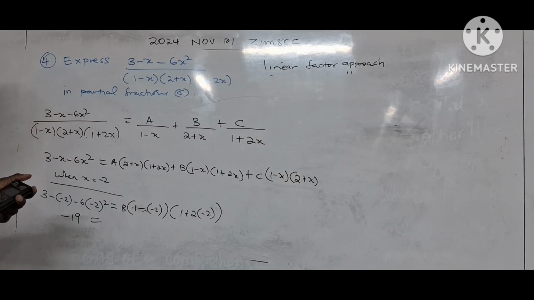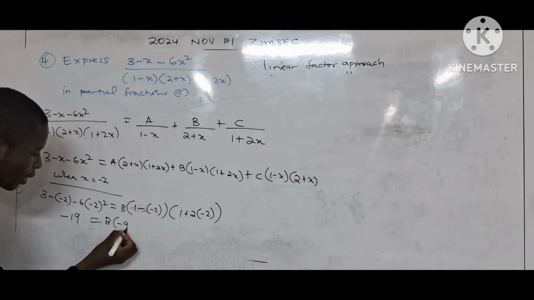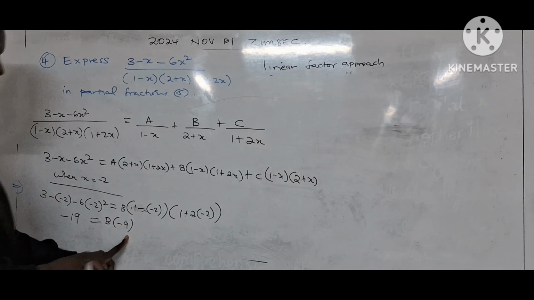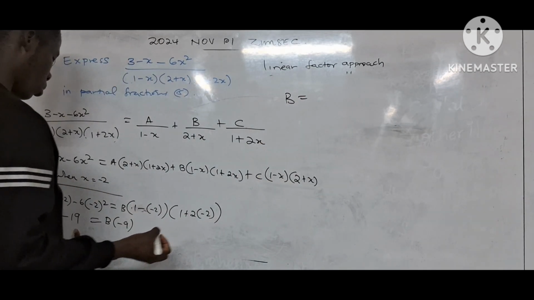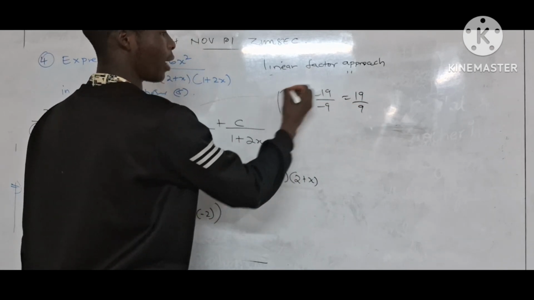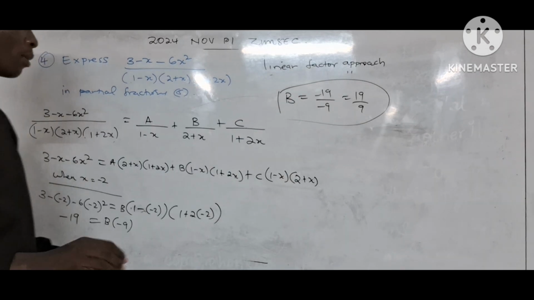So this is 1 minus 2, and 1 plus 2 into minus 2 is 1 minus 4, which is minus 3. So we get minus 1 times minus 3, which is, sorry, the answer is minus 19 equal to B into minus 9. In order to find the value of B, you divide both sides by negative 9. So B is equal to minus 19 by minus 9, which is equal to 19 by 9. So B is equal to 19 by 9.